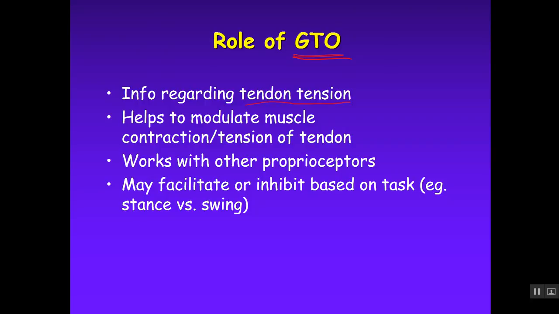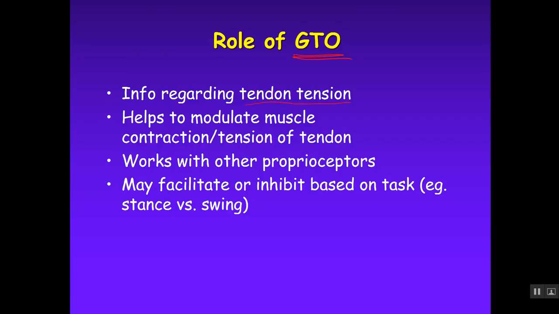So when I do a contract, relax, like have somebody push into me, they used to think that you push in, create lots of tension in the muscle, that makes the GTO turn on, and then when you tell them to relax, you get this refractory period where it shuts the muscle down, and you take advantage of that and stretch into that. Probably what it does is, when you contract into somebody's arm, you're getting the pressure of their arm against your leg, you're getting lots of afferent information that comes in and bombards that dorsal horn.